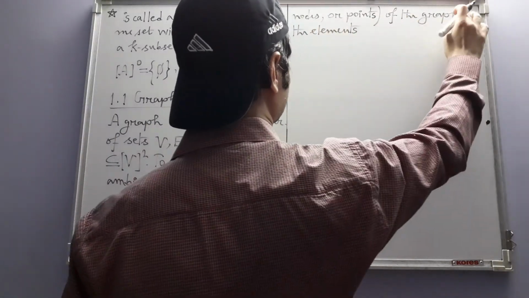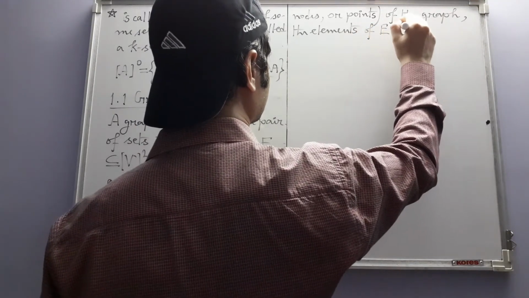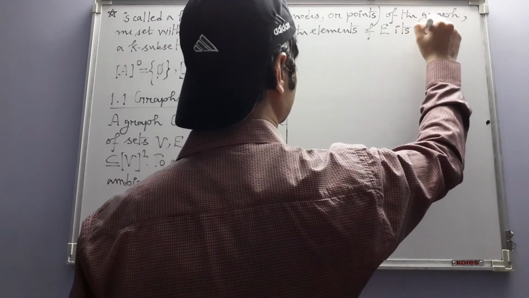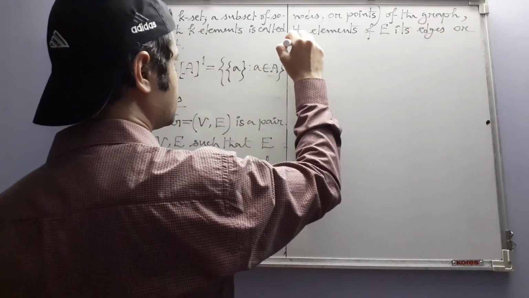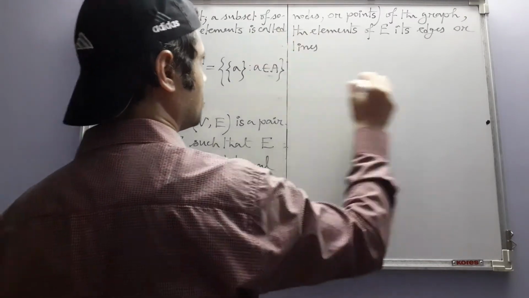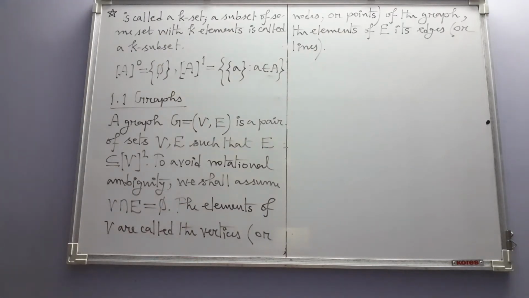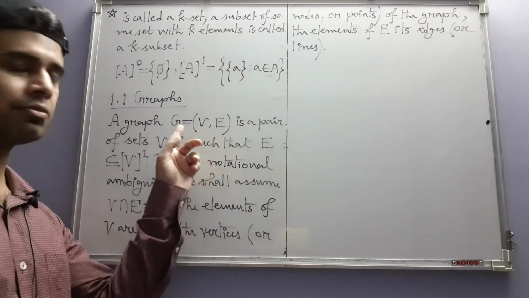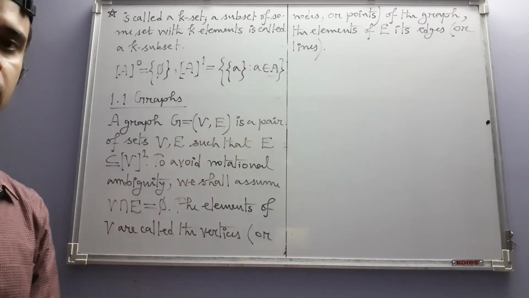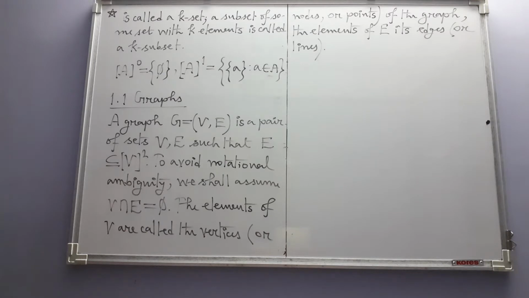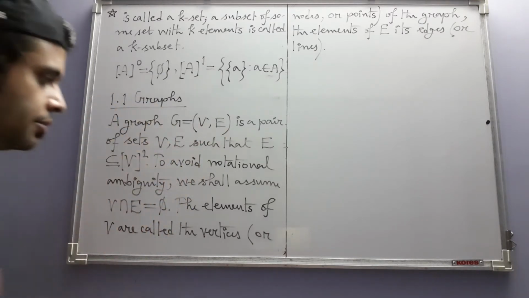The elements of E are called edges or lines. Okay, so the elements of the first set will be called vertices and the elements of the second set will be called edges of the graph, that is where these two sets are coming from.